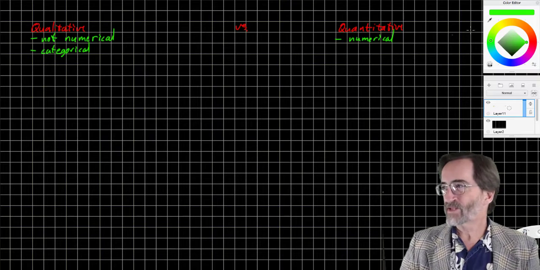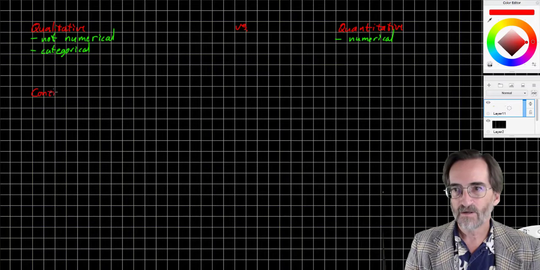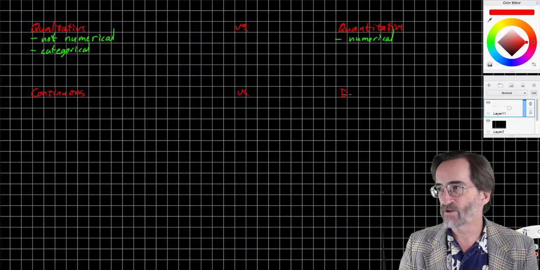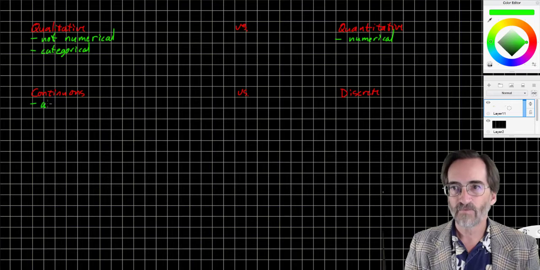The next 2 words we need to know are continuous and discrete. Continuous versus discrete. And this can be a little bit tricky. Continuous means all numbers possible.